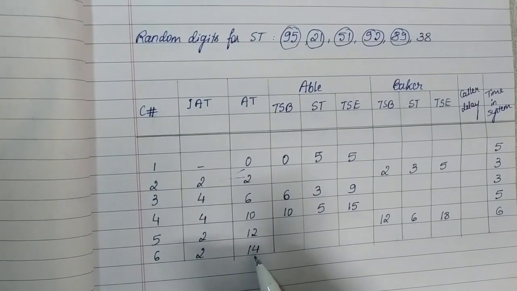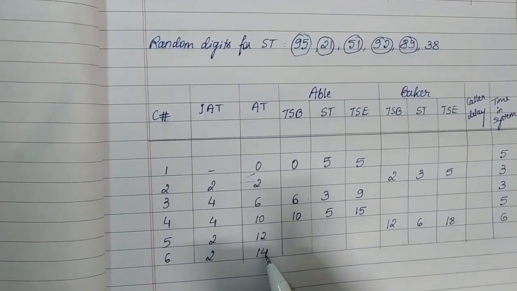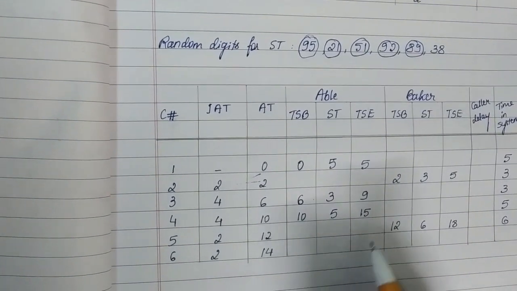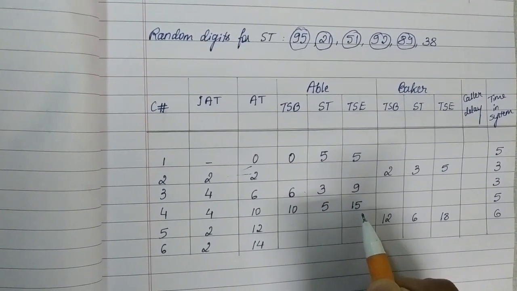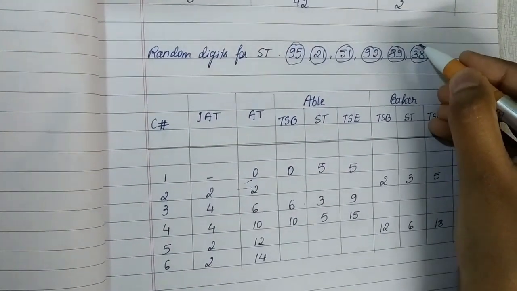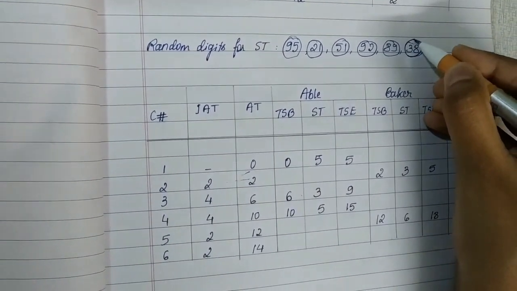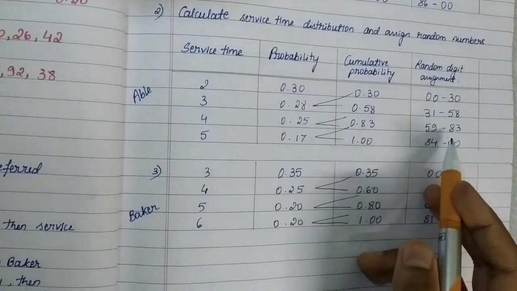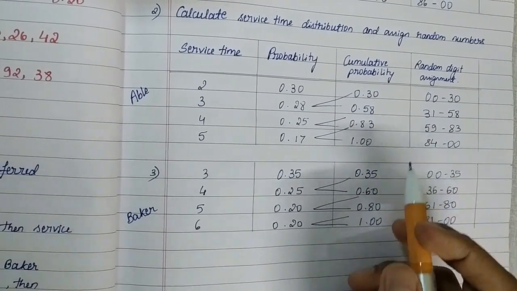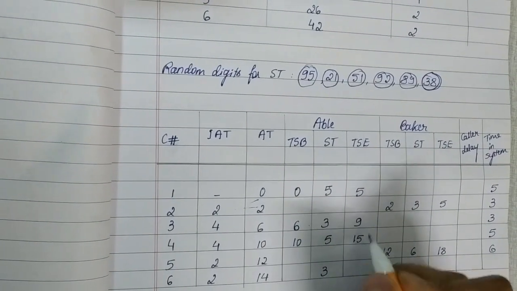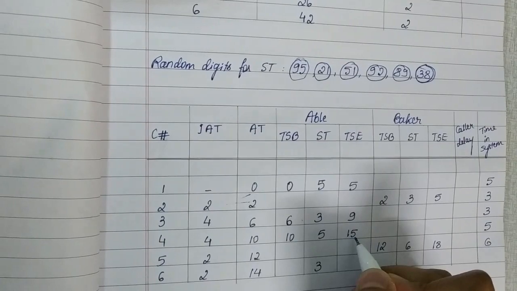The next customer arrives at 14, but he sees that both Abel and Baker are busy, and he sees that Abel is going to finish the work early, so he chooses Abel. So we need to consider the next random digit and seek the corresponding range. It is 3. Service can begin only once it has finished the previous job.